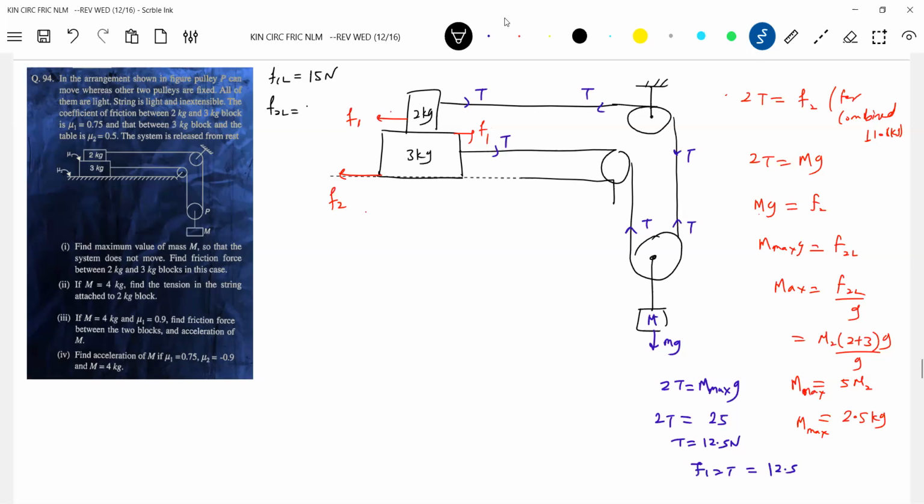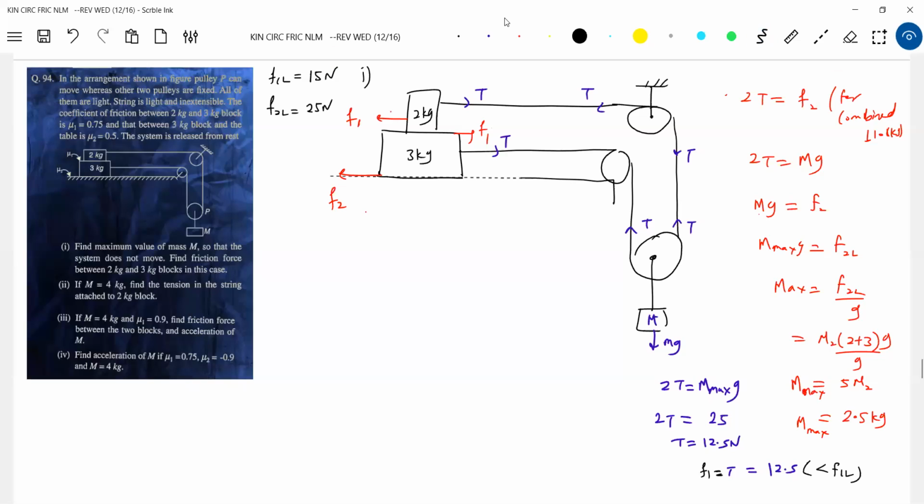F2L is mu2 times (2 plus 3), which is 25. Okay, you see this one. What is the nature of the friction that is acting? It is still less than F1L, so it will be static. Okay, that's the first part of the problem.